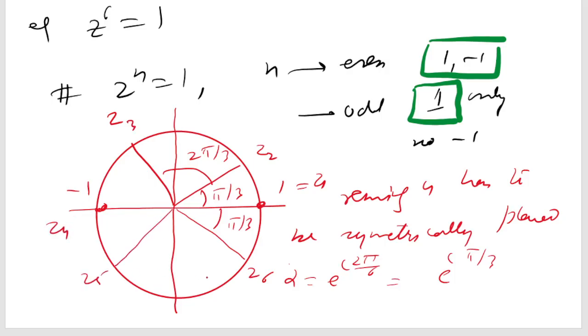This is the 5th root and 6th root. This angle is pi by 3, so this is also minus pi by 3. So z3 and z4 are symmetrically placed. z5 is nothing but z3 bar, and z6 is nothing but z2 bar, which we have discussed before, that the roots are in conjugate pairs.